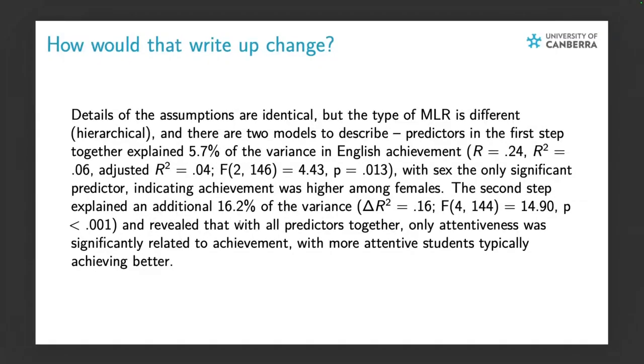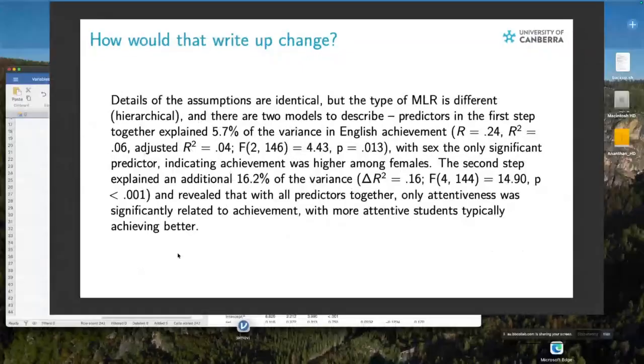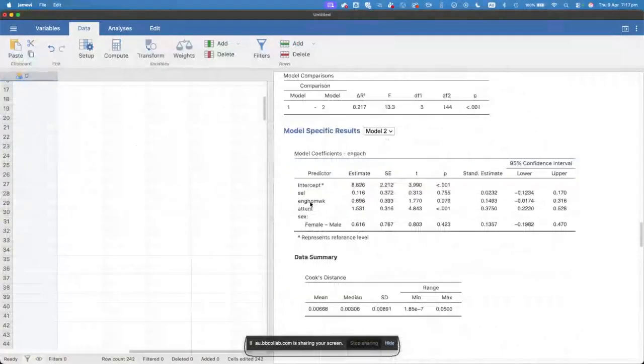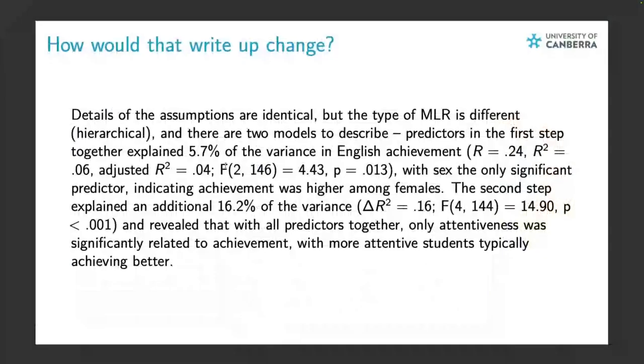The second step explained an additional 16.2% of the variance and revealed that with all predictors together, only attentiveness was significantly related to achievement, with more attentive students typically achieving better after controlling for socioeducation level of the parents, English homework, and sex. Yeah. So those are the key components of the write-up there.